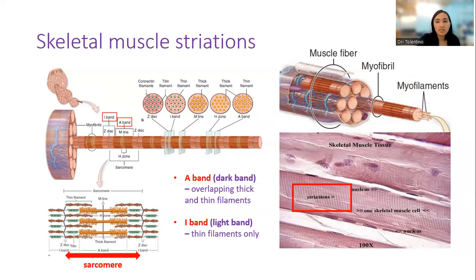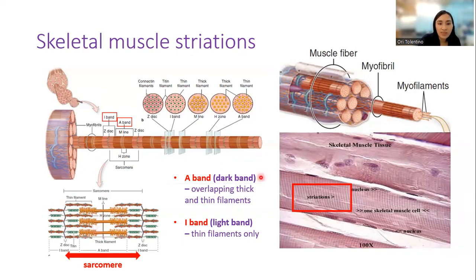Each myofibril consists of a long series of sarcomeres containing thick myosin and thin actin filaments, which overlap in certain regions. They overlap in this region, which makes it dark. This molecular organization of your sarcomeres produces the staining differences.